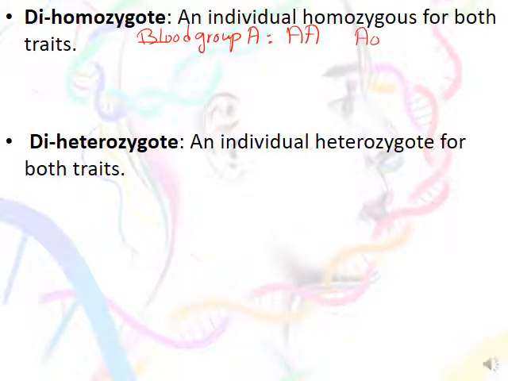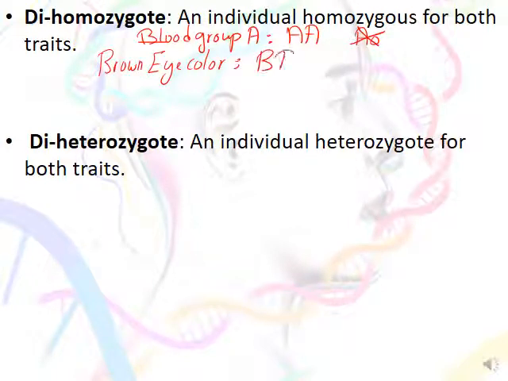Even though AO is blood group A, it's not homozygous, it's heterozygous. And for the eye color, let's say I have a brown eye color, so I have B capital, B capital. So I'm homozygous for both traits, the blood group and the eye color. So this person is said to be dihomozygous.